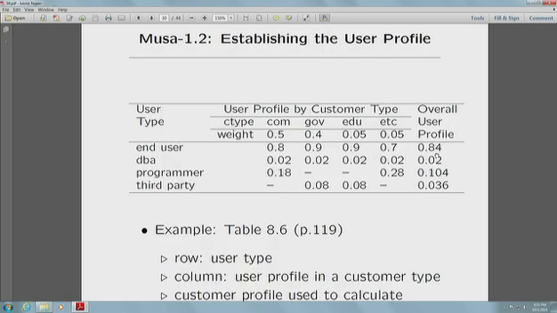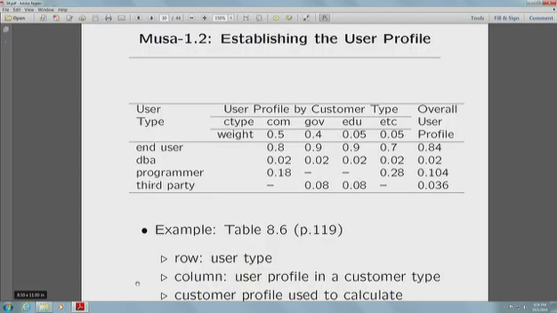Then 2% is by DBAs, 10.4% is by the programmers and 3.6% for the third party. So you can see those two columns have a much stronger influence than those other two columns, because they have more of the weight from the customer profile associated with them.